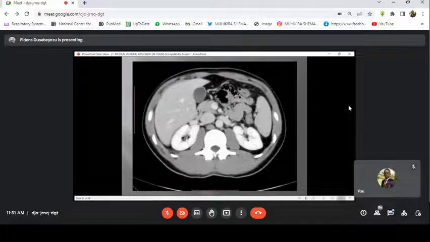Look how the liver is. The whitish ones are vessels, because blood is different from clear fluid. Because of the density, blood is whitish, but clear fluid is dark like this. This is the gallbladder, dark with bile.